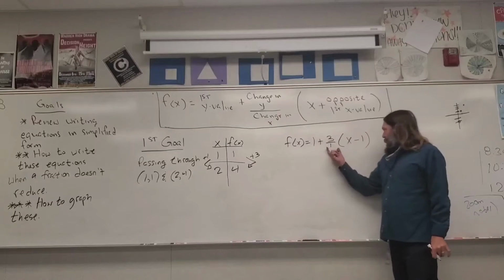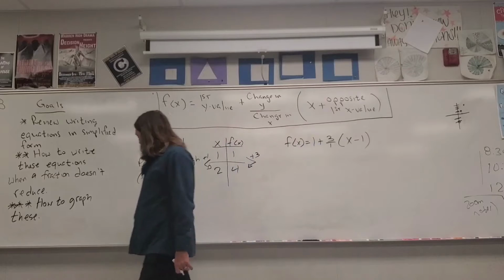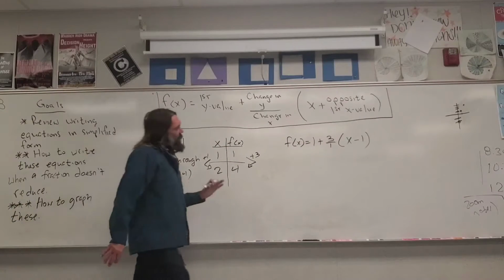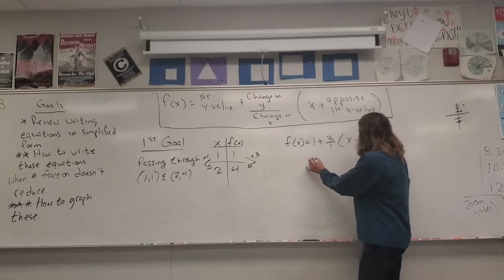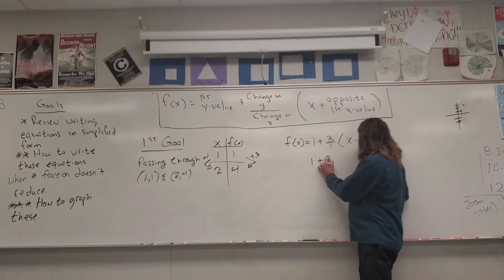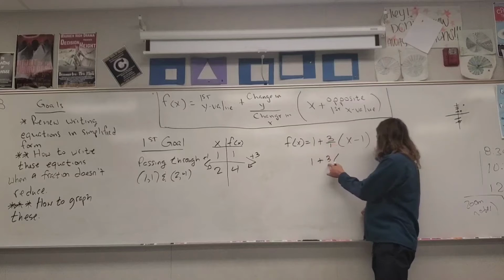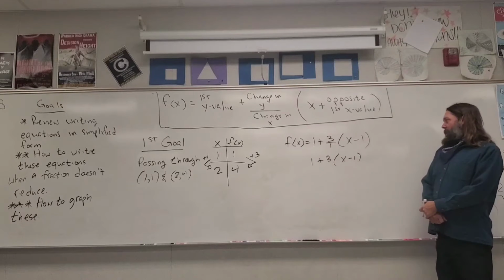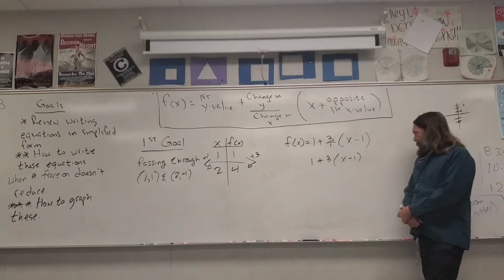And again, notice this fraction is going to reduce. The second goal is how to deal with this when it doesn't reduce. Okay, so I can rewrite this as 1 plus 3, because 1 goes into 3 times, x minus 1. All right, and so now I'm going to distribute.